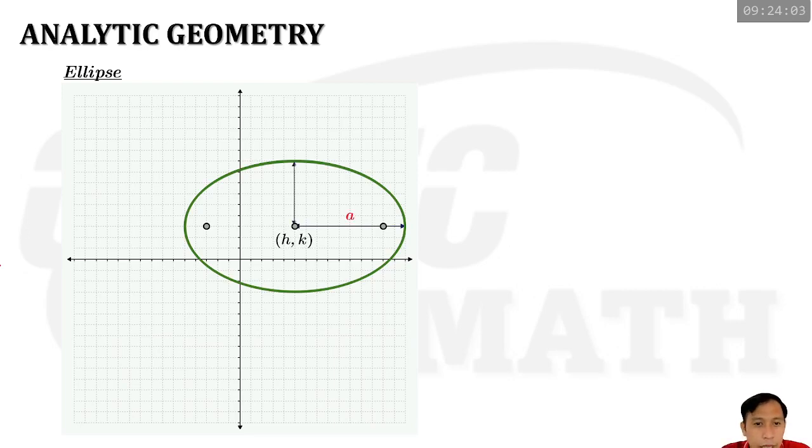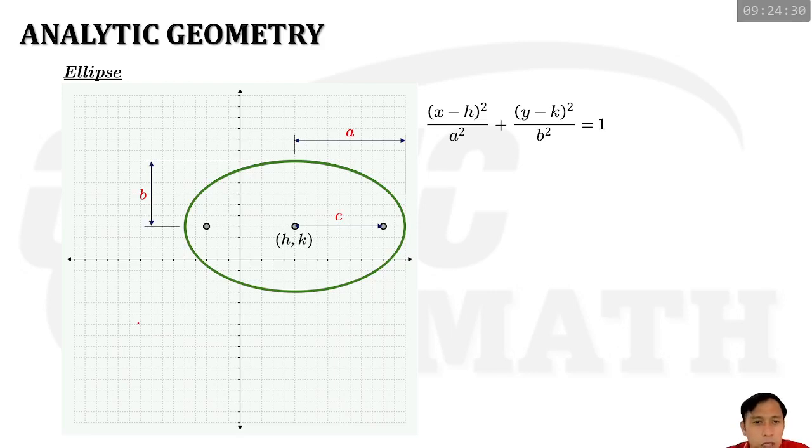Then, the shorter distance naman, parang shorter radius, that is called as the semi-minor axis, denoted as B. Okay? And the distance from the center to the focus, we denote that as C, no? From center to the focus.